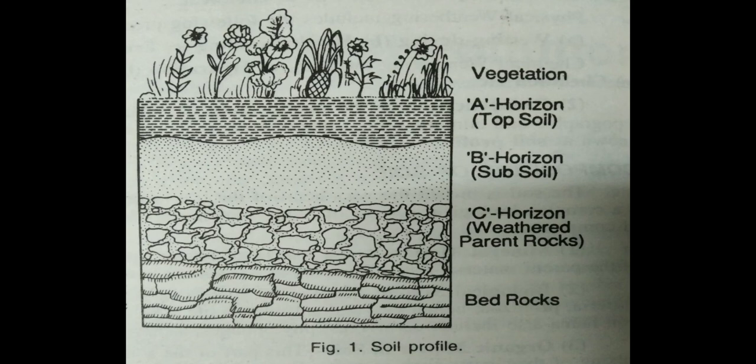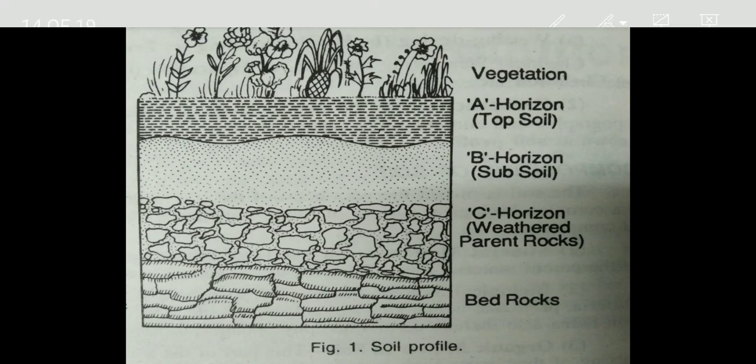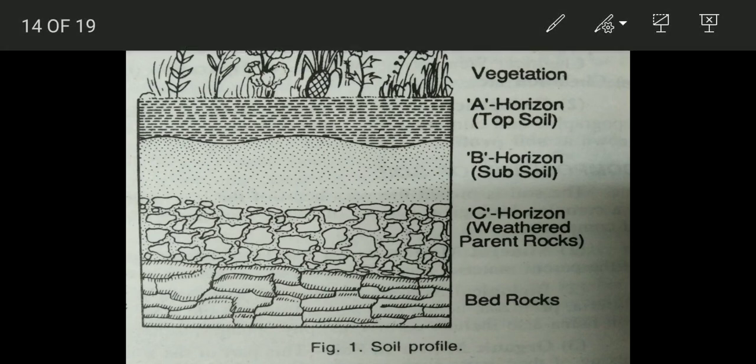First of all, vegetation or organic matter, it is above the land or soil. Then A horizon, topsoil, B horizon, subsoil, C horizon or weathered parent rocks, bed rocks.